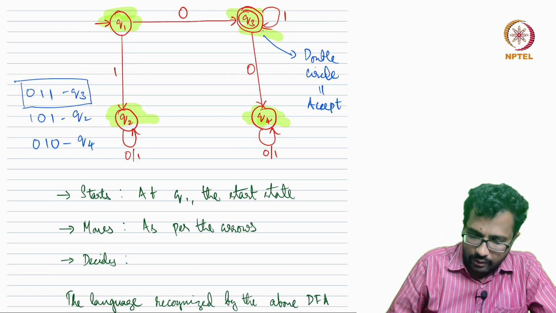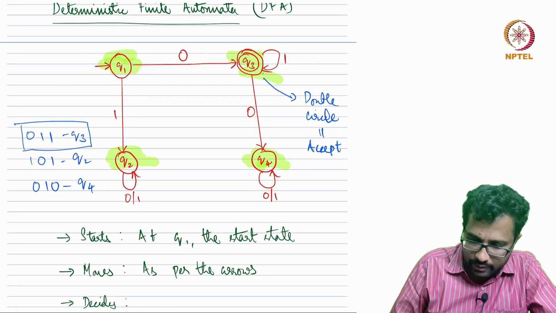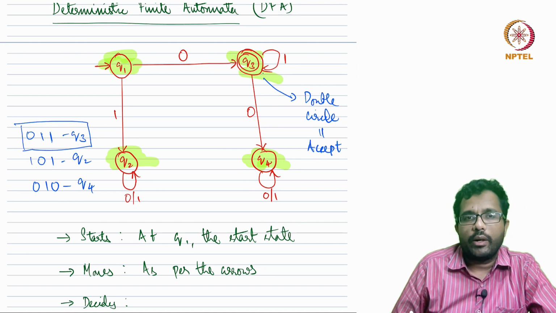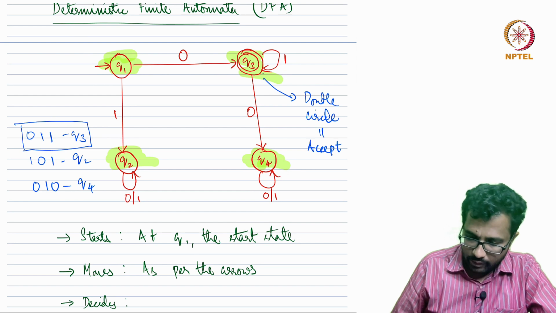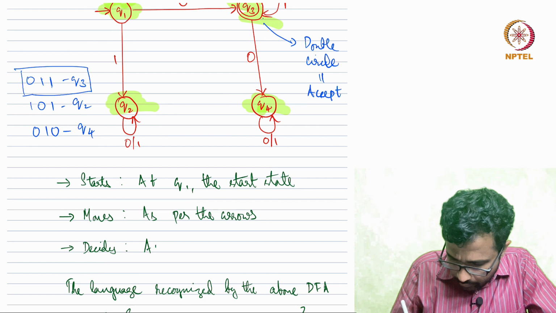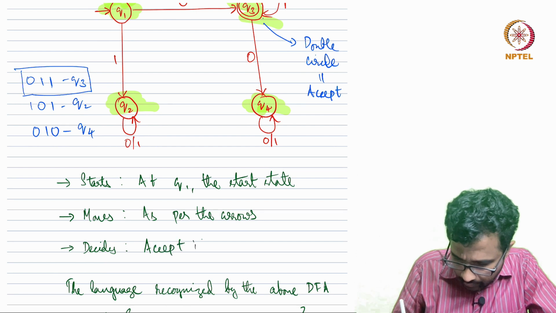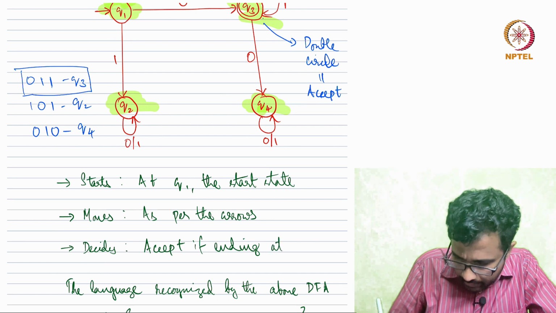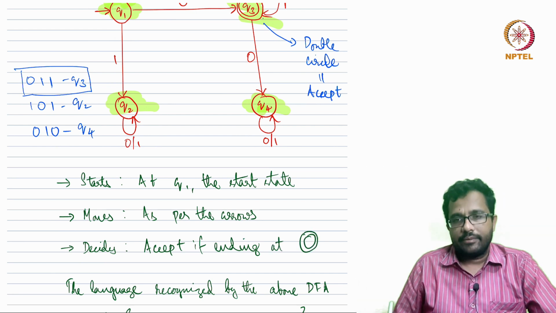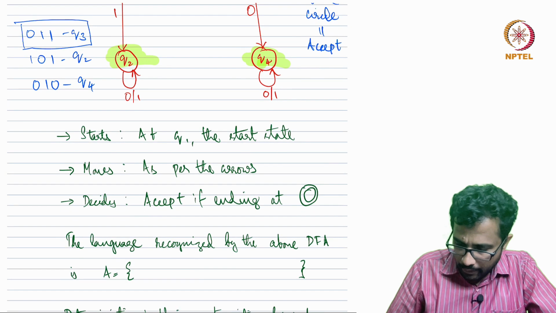So for instance, with 101, it starts with Q1, then it moves to Q2, then on 0 it again remains at Q2, and on 1 it again remains at Q2, right? So it moves as per the arrows and decides: accept if ending at a state which has this double circle, right?